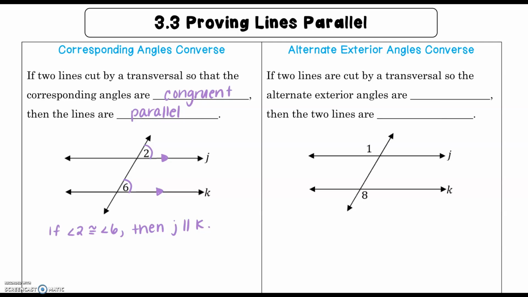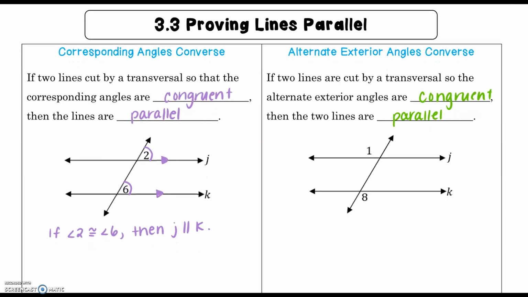Next, we have the alternate exterior angles converse. If two lines are cut by a transversal, so the alternate exterior angles are congruent, then the two lines are parallel. So here we know angle 1 and angle 8 are alternate exterior angles.